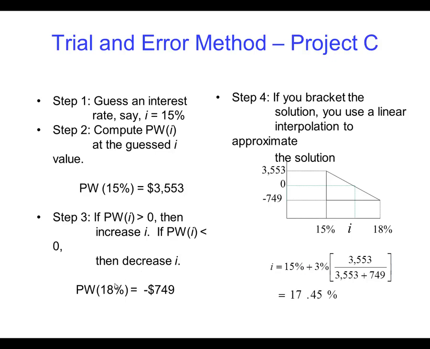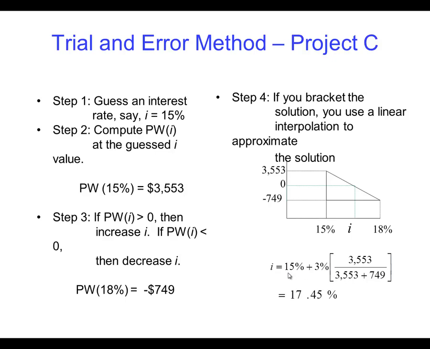When we increased the interest rate to 18%, the value decreased to minus $749. So for sure the value will be between 15% and 18%. And like I said, with the trial and error, we found that the value is 17.45.